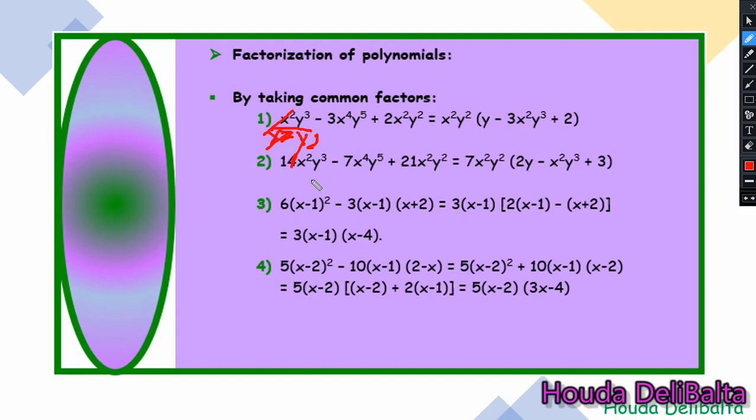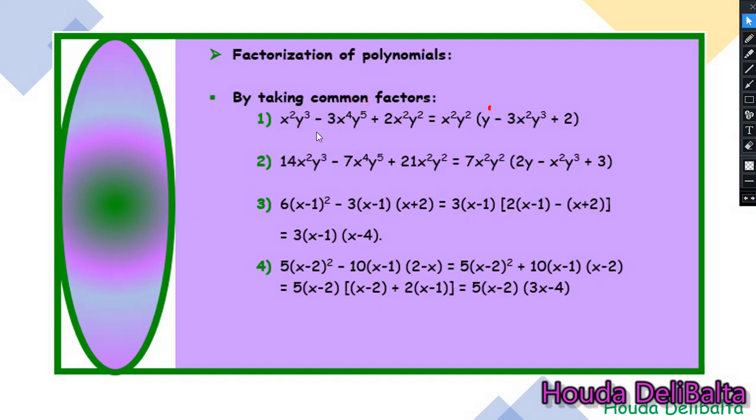If you refer to powers, all what I have to do is to subtract these powers, and I will get y power 3 minus 2, which is y power 1, as you see here. So I subtract the powers or the exponents. Let's continue.